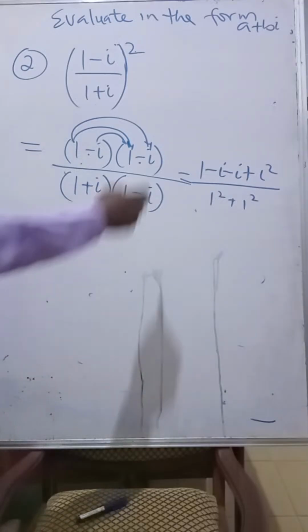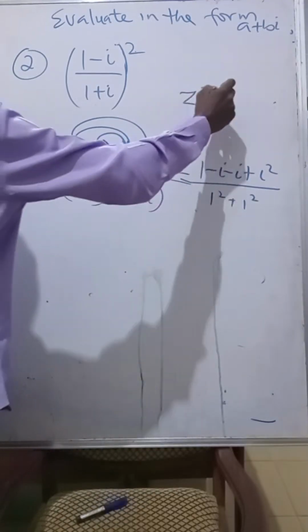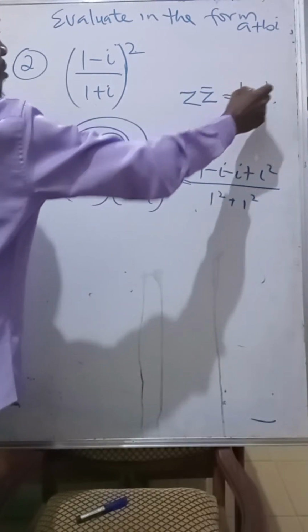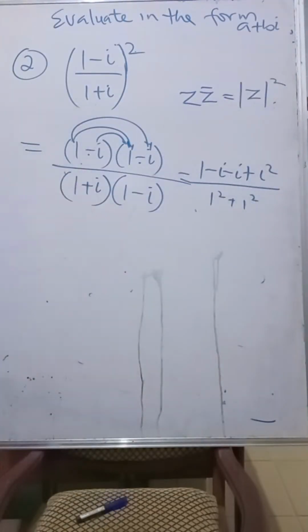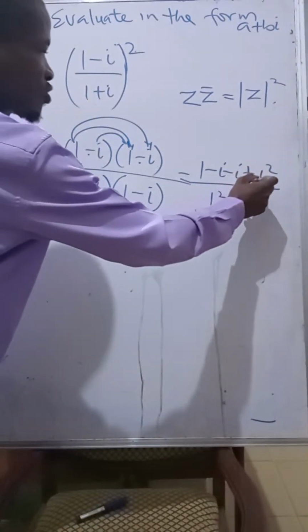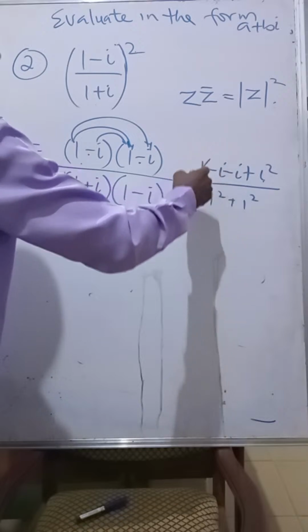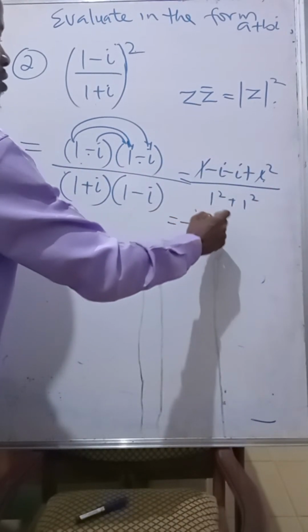If you don't forget, z times its conjugate is the square of the absolute value of that complex number. So apply that. This i squared is minus 1, so this one and this one cancel. So we have minus 2i over 2.